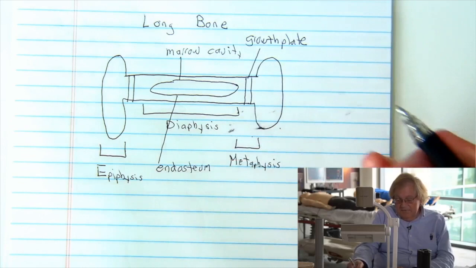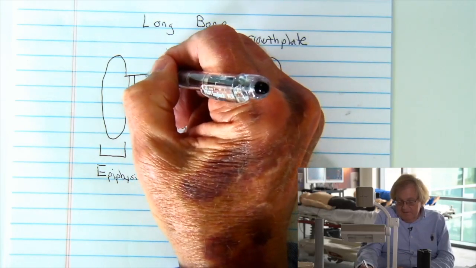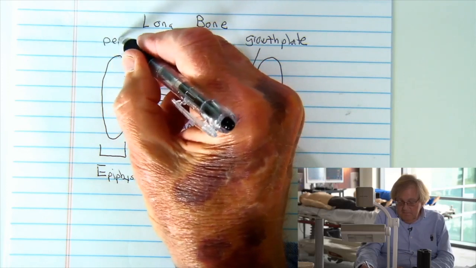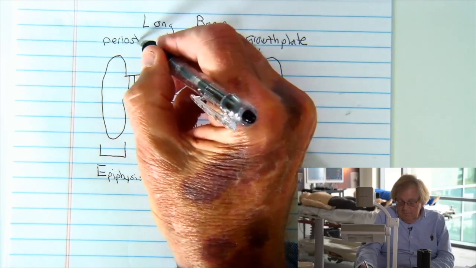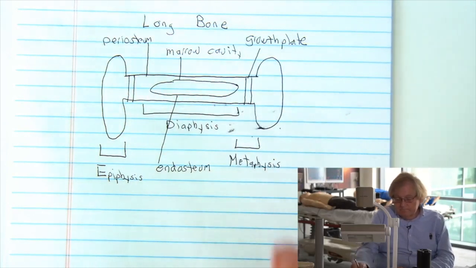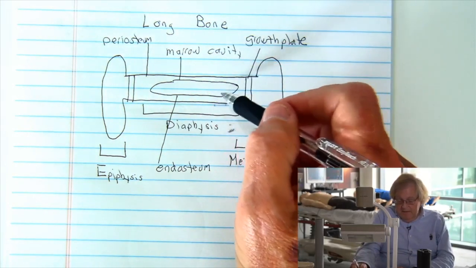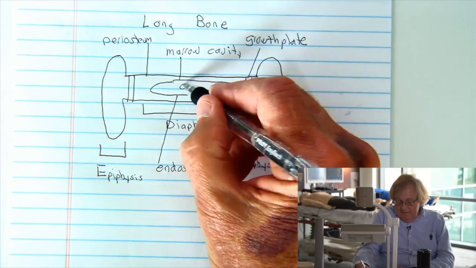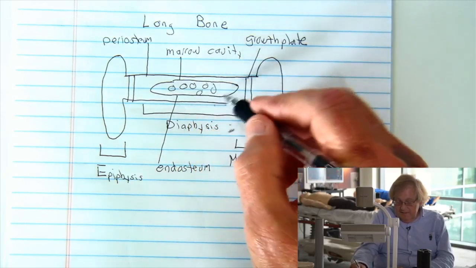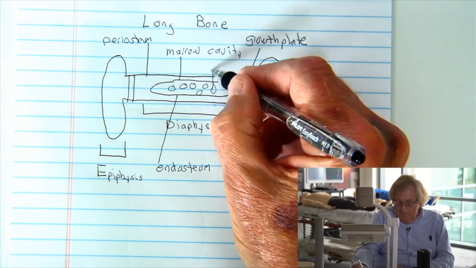The diaphysis or shaft is going to have a covering called a periosteum. Inside of that marrow cavity is going to be marrow, but it's actually going to be yellow marrow, or fat.